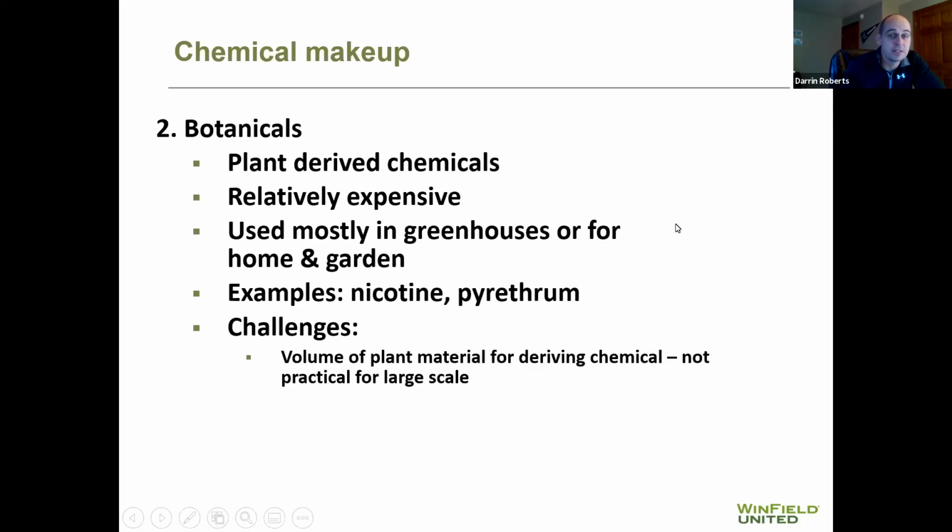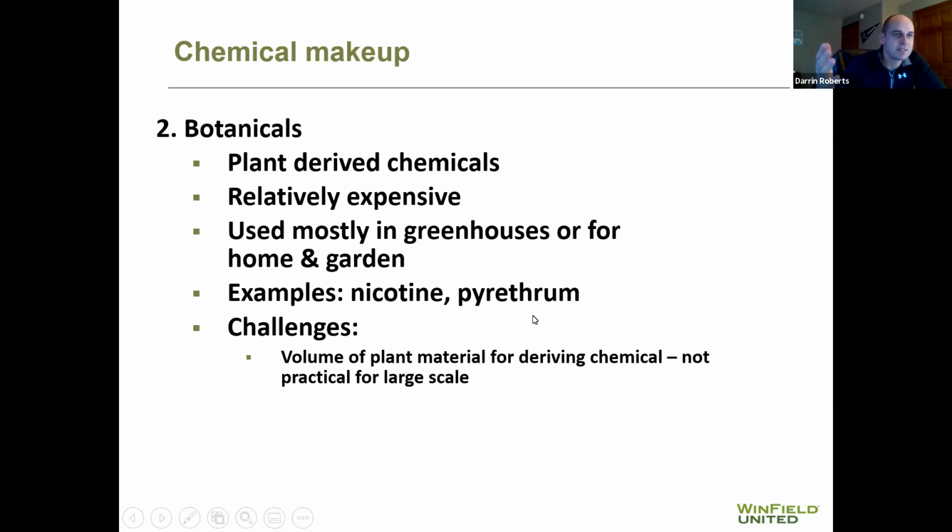The next one is botanicals. You'll see some examples under here as being nicotine and pyrethrum. And so these are kind of the natural version of our synthetics that we use on the market today. So our neonics are developed from nicotine, and our pyrethroids are developed from pyrethrum.